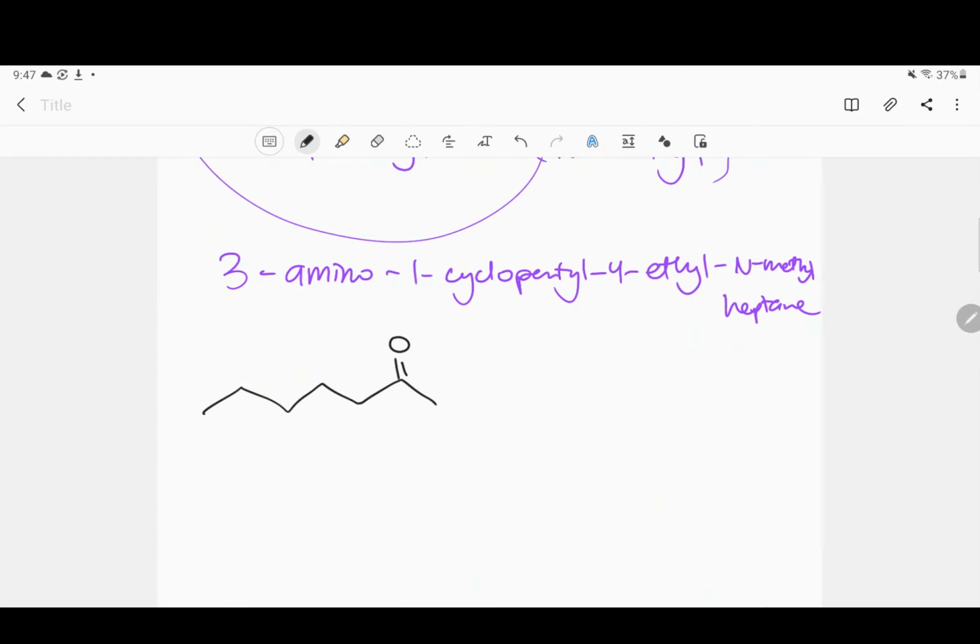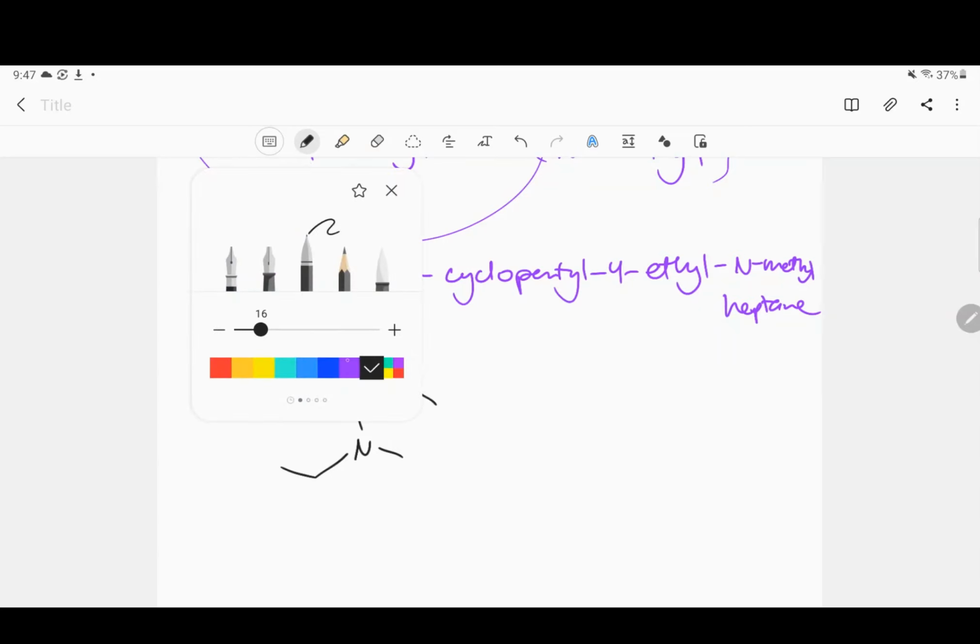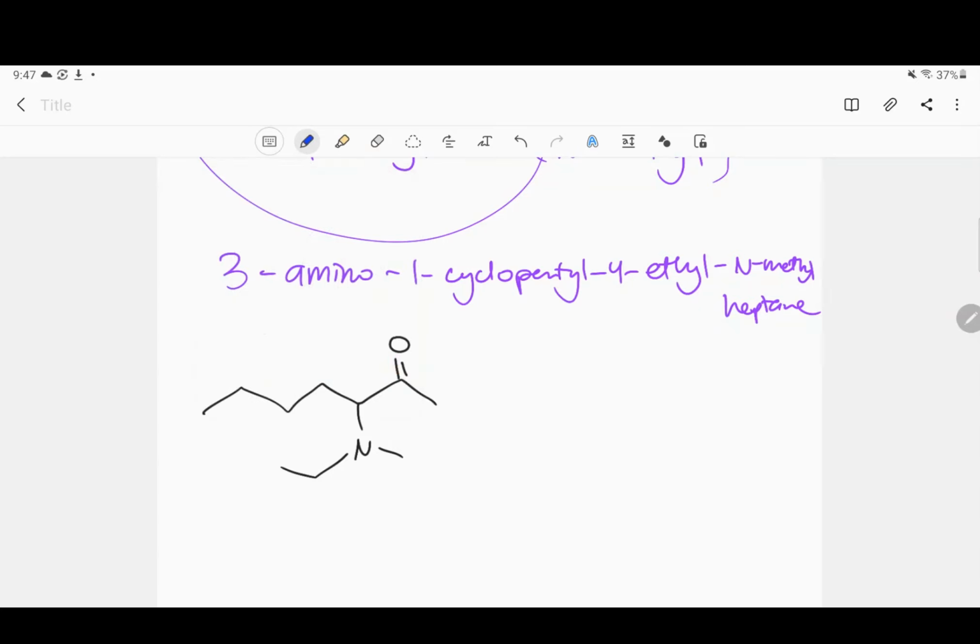And what else do we have? All right, what's our parent name going to be? Ketone, right? So that means we have to name starting at our ketone.